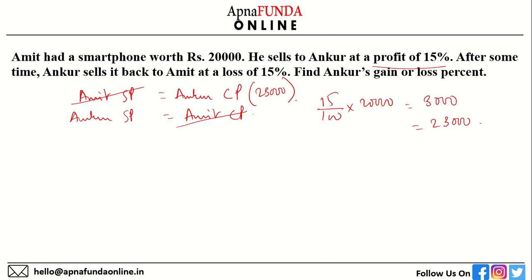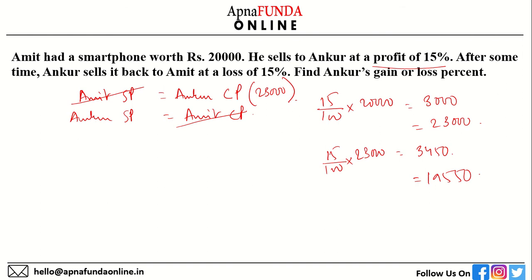He sells it back to Amit at a loss of 15%. So now there is a loss. So the 15% loss will be calculated on 23,000. Correct. What is the value of 15% of 23,000? Correct. So his final selling price becomes 19,550.